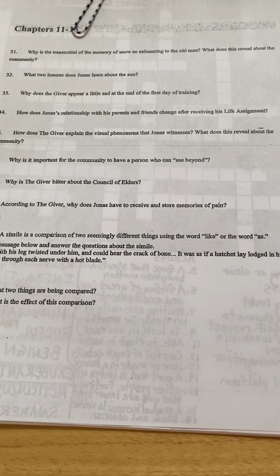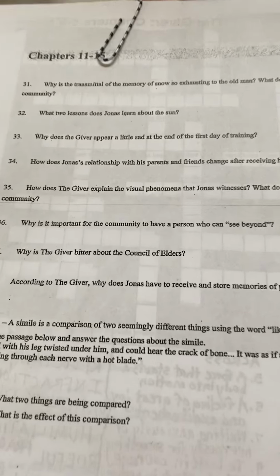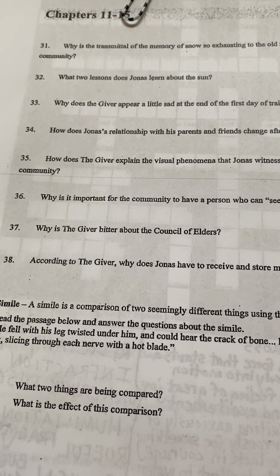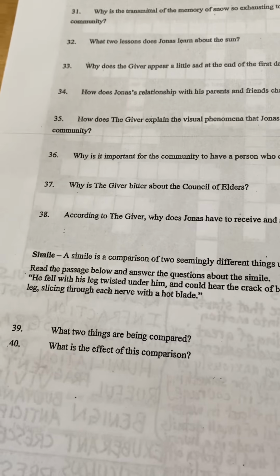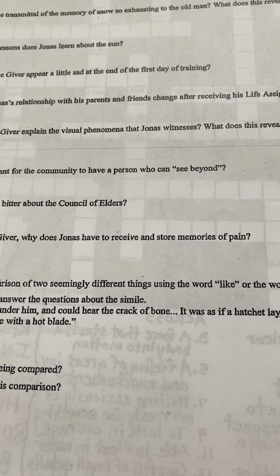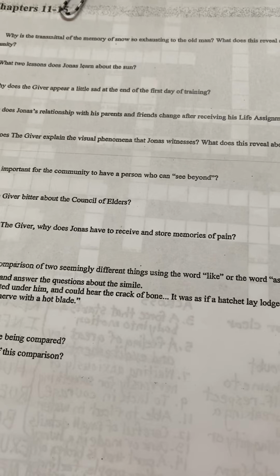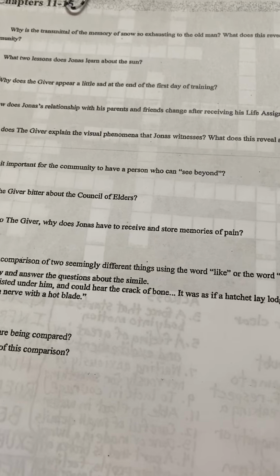But we'll start with question 36 today, just discussing. Chapters 13, 14, and 15 are questions 36 through 40. Question 36: Why is it important for the community to have a person who can see beyond? Each one of these first three questions, I think, have to do with the same thing.